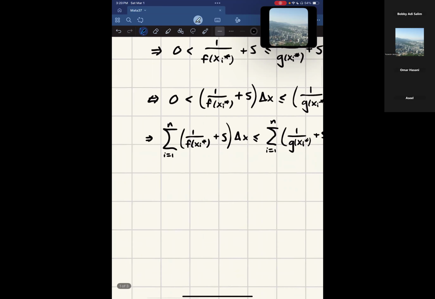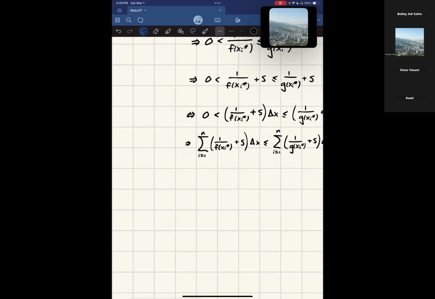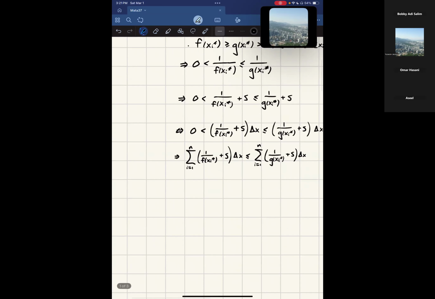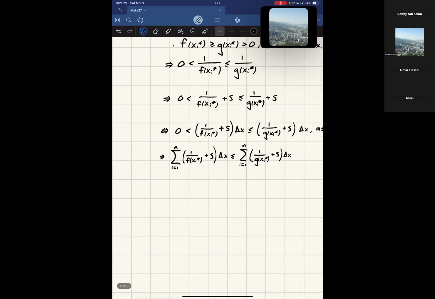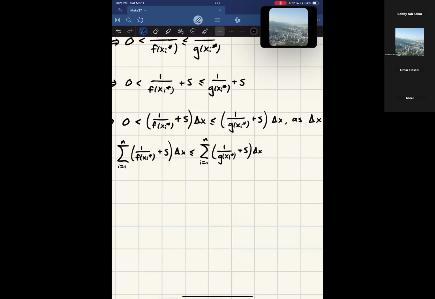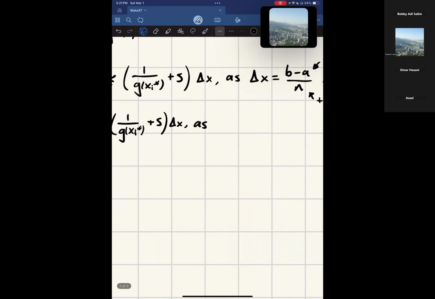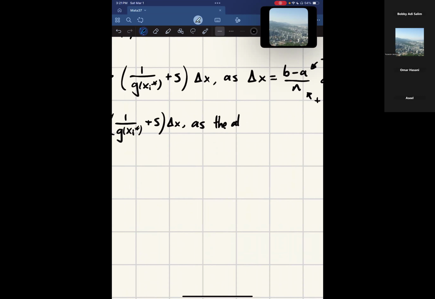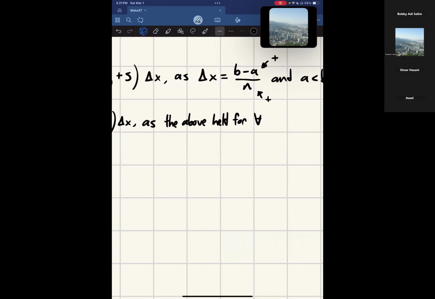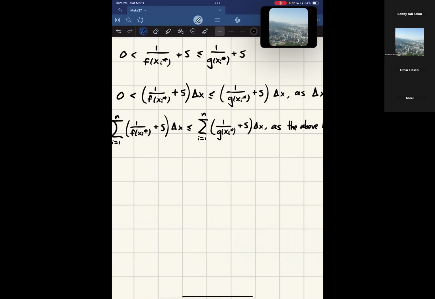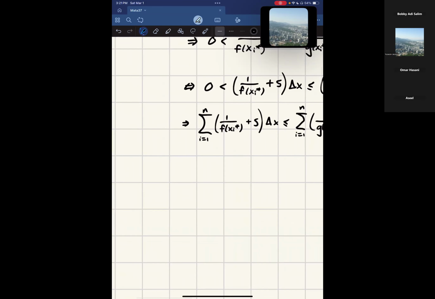Notice that we dropped the 0 at the tail of this inequality. The only reason we needed a 0 was for some of the previous steps, so we don't need it anymore. To justify this, I just say as the above held for all i. That reinforces the idea that if we have a bunch of bigger things and we add them, it will be bigger than the sum of a bunch of smaller things.